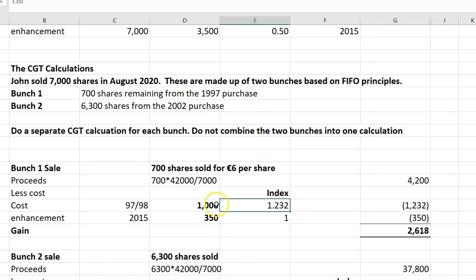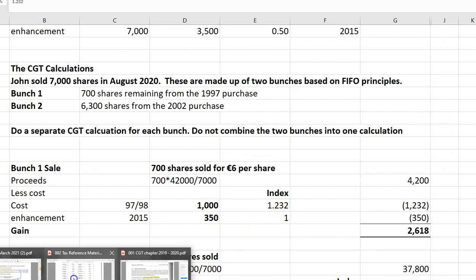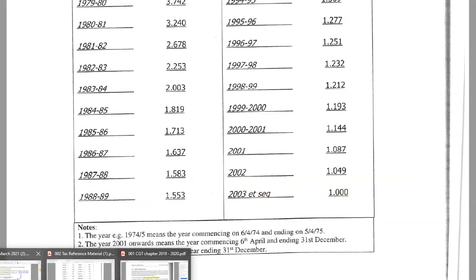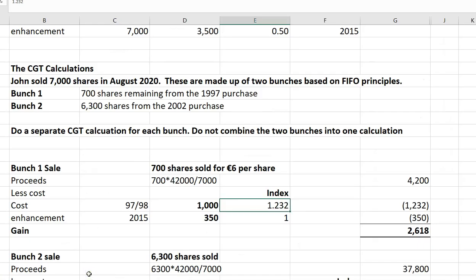So that's where we got that from. And 2015, the indexation stopped. I think, was it 2003? Yeah, so it's 1 from that point on. Getting a bit excited there. So there's our gain. The cost multiplied by the index factor and the cost multiplied by 1.